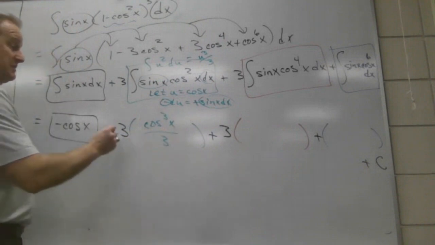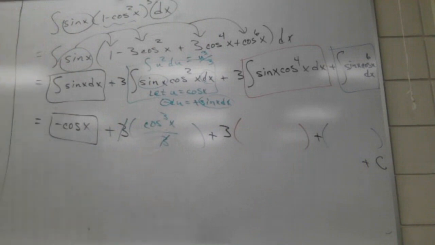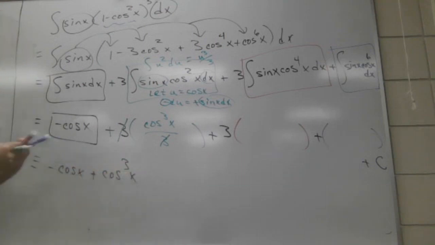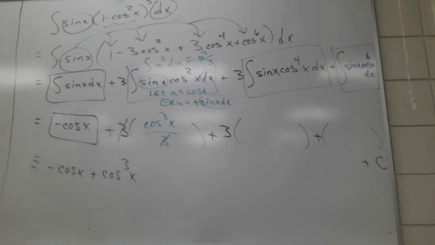Well, that's kind of nice, because what happens to the 3's? They'll cancel out. So this is going to be equivalent to minus cosine x, and then plus cosine cubed x, right? And then we see what we get on the rest of it. Everybody good with that? So we just have to do the substitution process multiple times, because I picked the bigger one. So we have a few more terms.